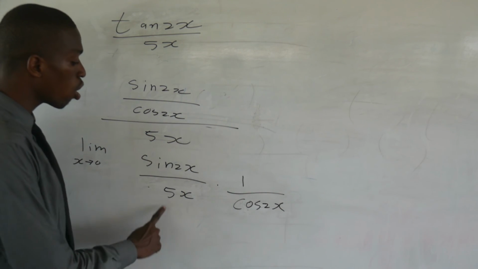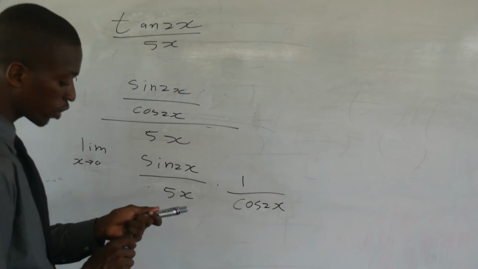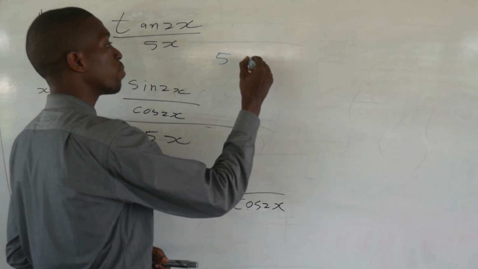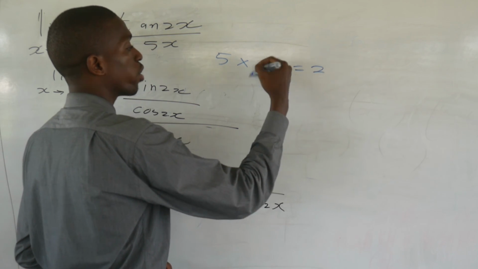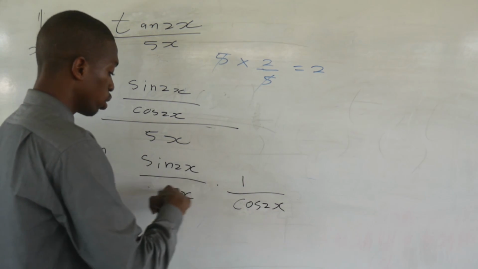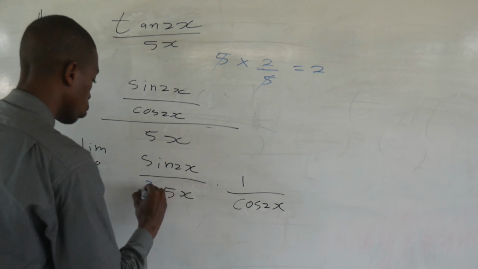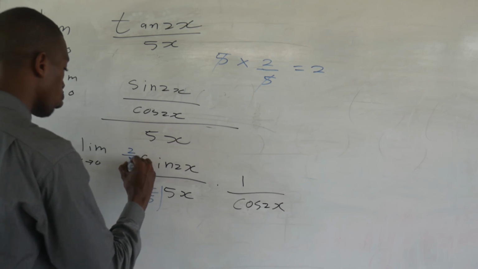Usual method. How could we turn 5 into 2? Think about it. 5 multiplied by something that will be equal to 2. What should that something be? 2 over 5, because that will cancel out. So we multiply this by 2 over 5, and then multiply the top by 2 over 5.